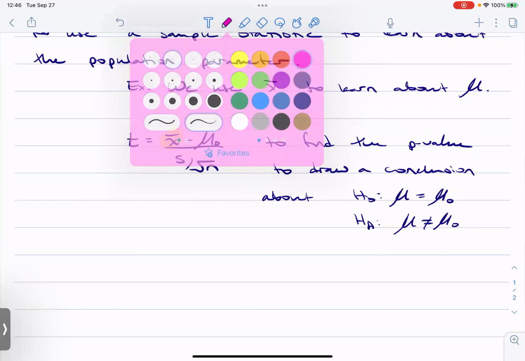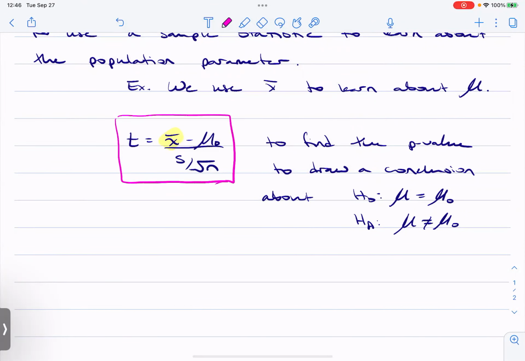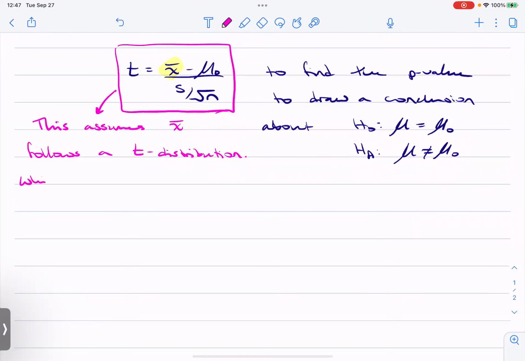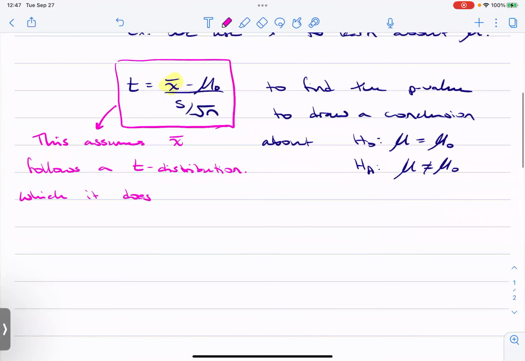So in doing this calculation here, this assumes X bar follows a t distribution, which it does, with n minus 1 degrees of freedom. But it kind of puts X bar into this box.